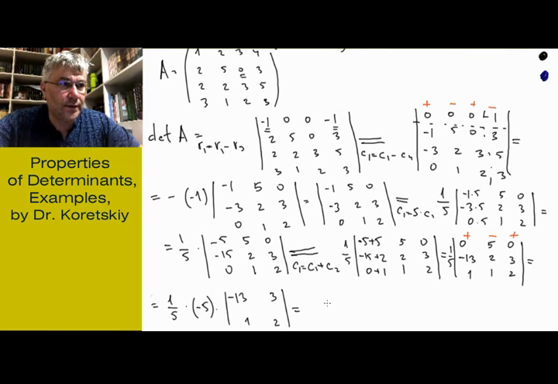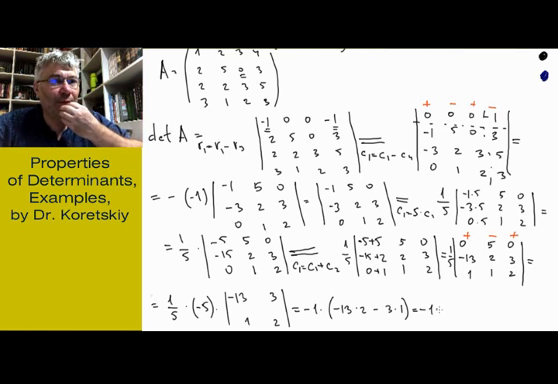We can cancel 5 and 5, and we have minus 1 times minus 13 times 2 minus 3 times 1, and it gives minus 1 times minus 26 minus 3, which is minus 29, but here we have minus, so it is 29.